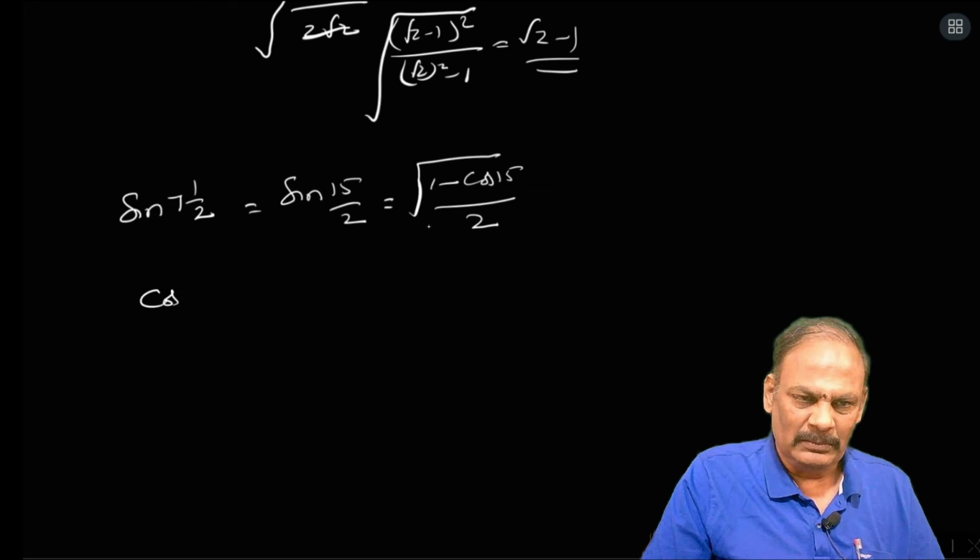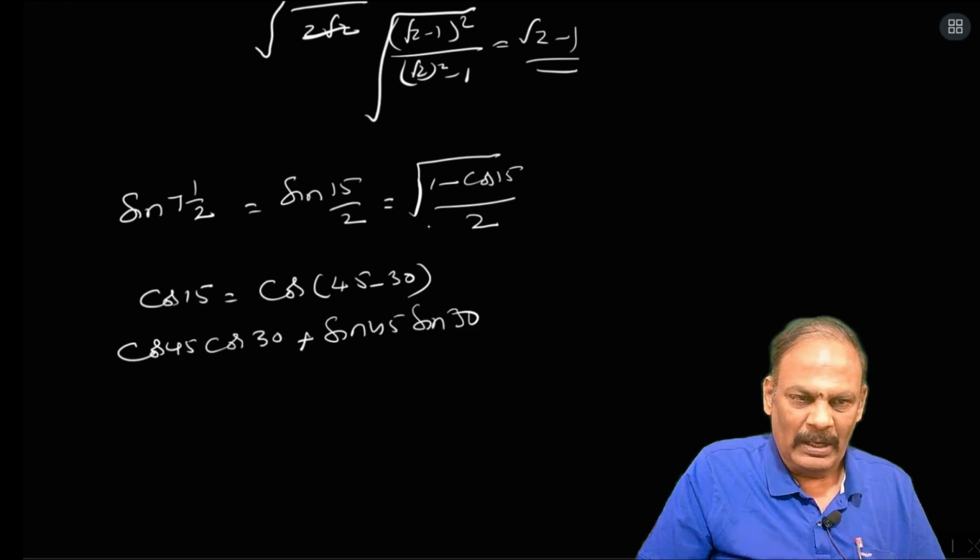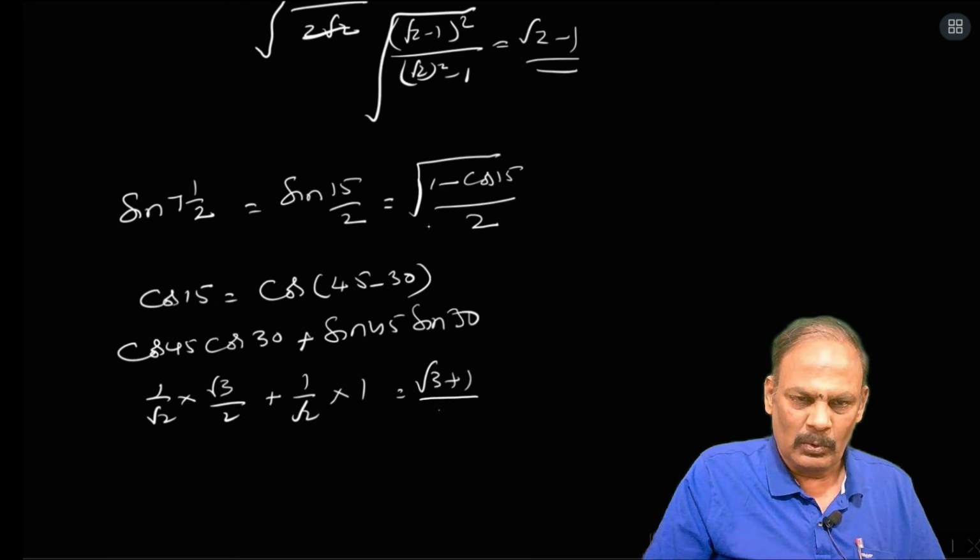Cos 15 equals cos of 45 minus 30, that is cos 45 cos 30 plus sin 45 sin 30. Write the values, 1 by root 2 into root 3 by 2 plus 1 by root 2 into 1 by 2, that is root 3 plus 1 by 2 root 2.